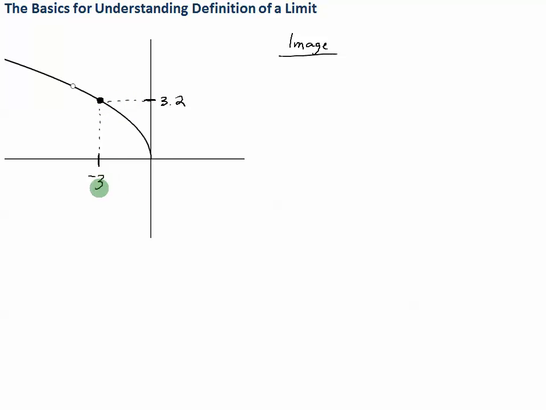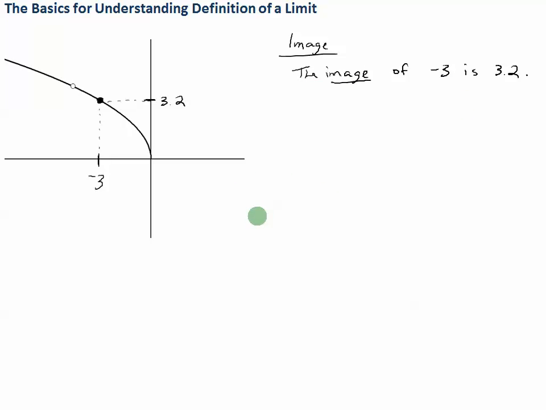Of course, -3 is x, 3.2 is y, or the function value. -3 is the input to this function, and 3.2 is the output. But also, the image of the input -3 is 3.2. Okay, so the image is the output.